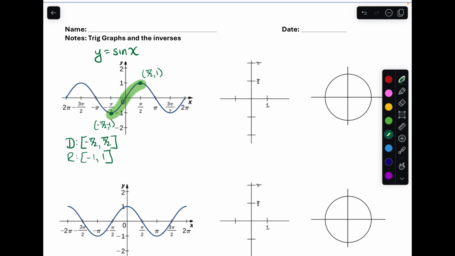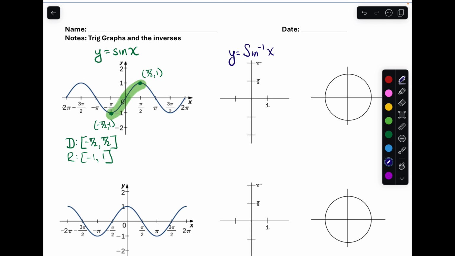All right? So if I want to then graph the inverse of that, when I limit it to just those values where it's one-to-one and passes the horizontal line test, the inverse graph is going to be notated as y equals, and it's a capital letter S for sine, and that capital letter is what designates that it's that restricted part of the graph.